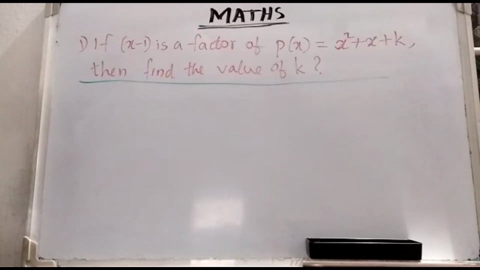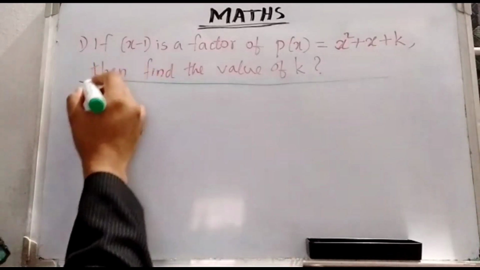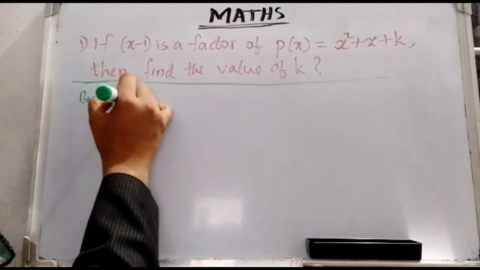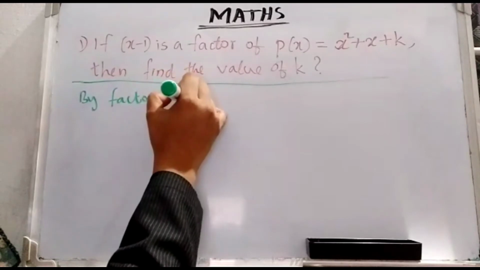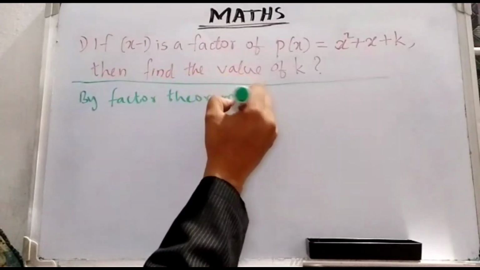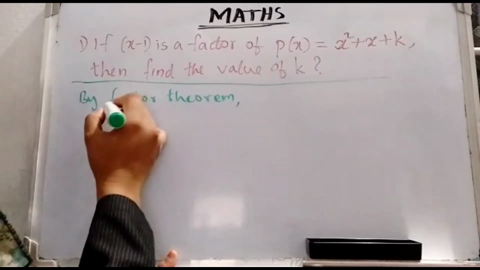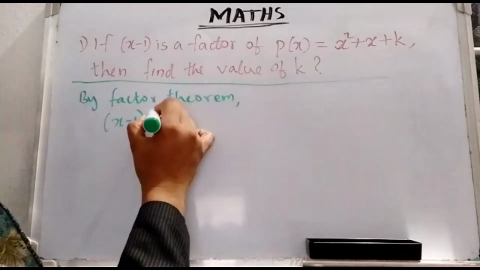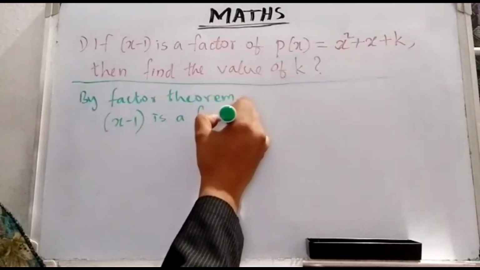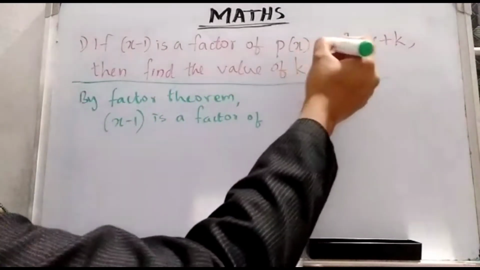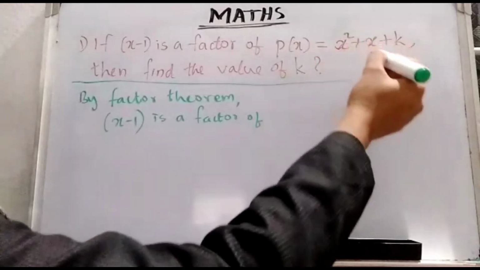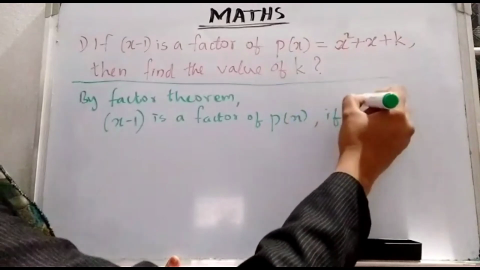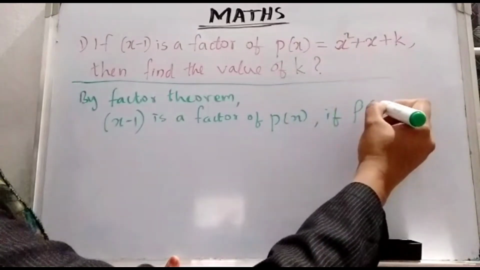Clear? So let us start to write an answer by factor theorem. What is factor theorem? x minus 1 is a factor of P of x, that is x square plus x plus k, if P of 1 is equal to 0.